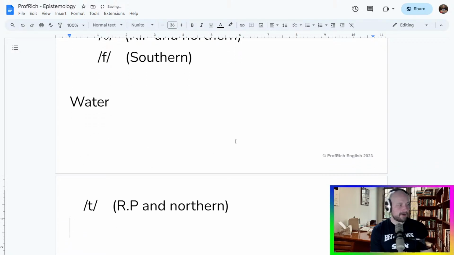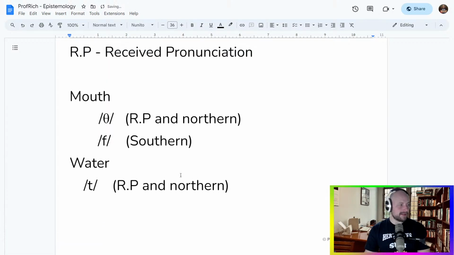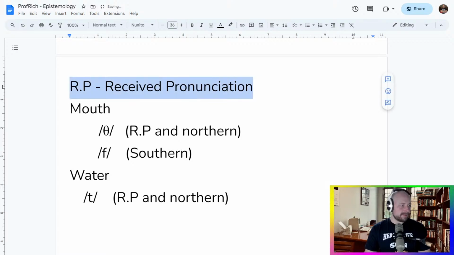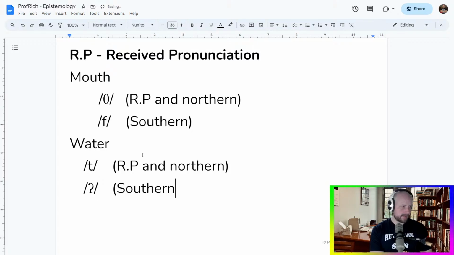But in the South, as we know, they glottalize T's even in the middle. So whereas everyone glottalizes T's at the end, the Southerners actually glottalize T's even in the middle. Water. Water.